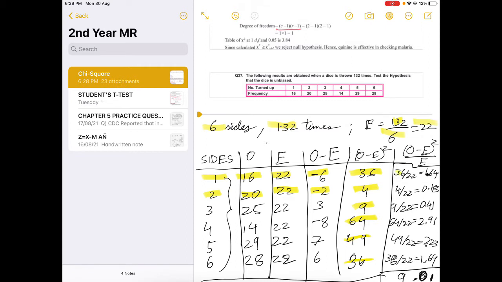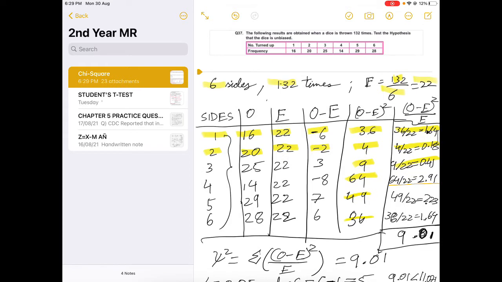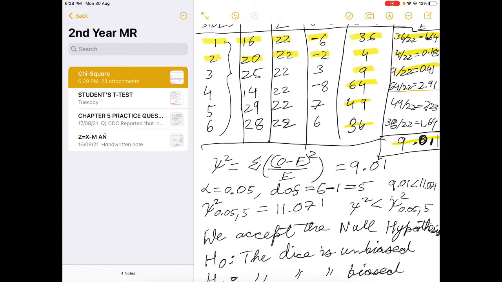So 36 divided by 22 gives 1.64, 4 divided by 22 gives 0.18, 9 divided by 22 gives 0.41. Calculating all these values, we add them up to get 9.01. This is my chi-square value. This is the chi-square statistic, the sum of observed minus expected whole square divided by the expected value, which is equal to 9.01.